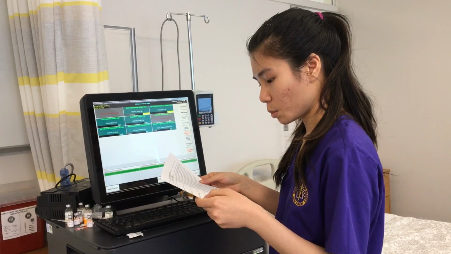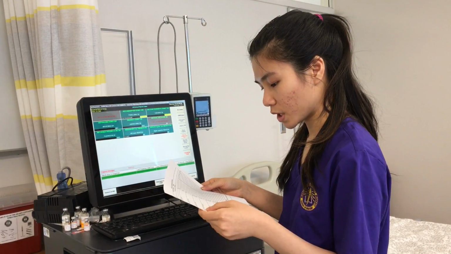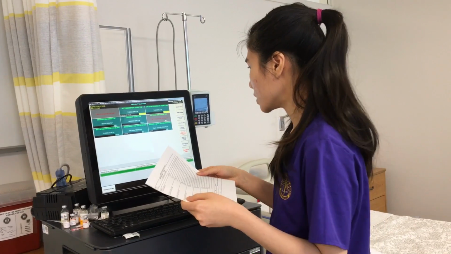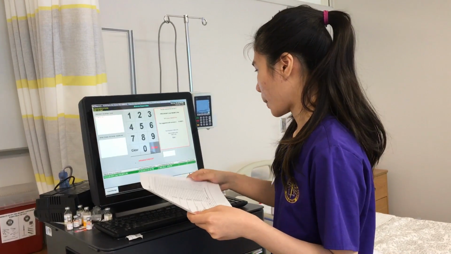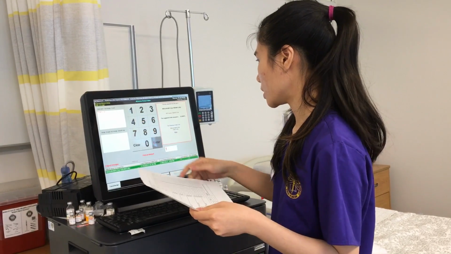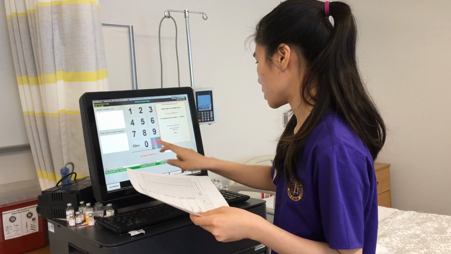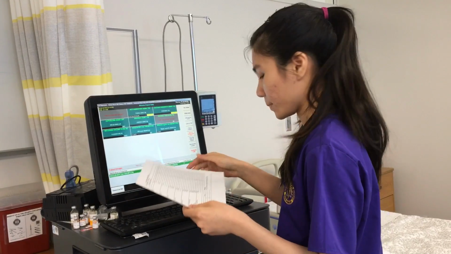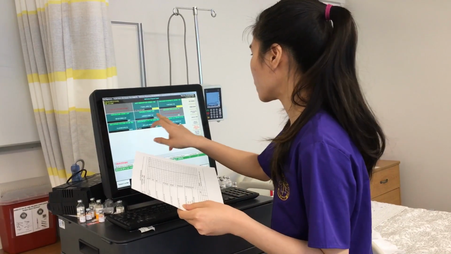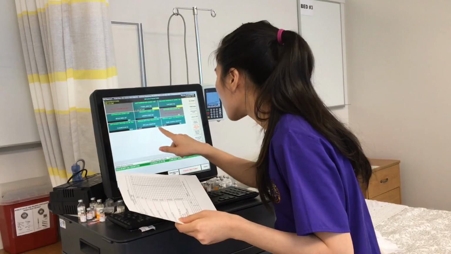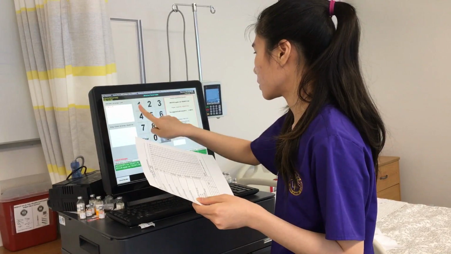The third medication is insulin. My patient needs NPH insulin 100 units, and also she needs regular insulin 8 units.